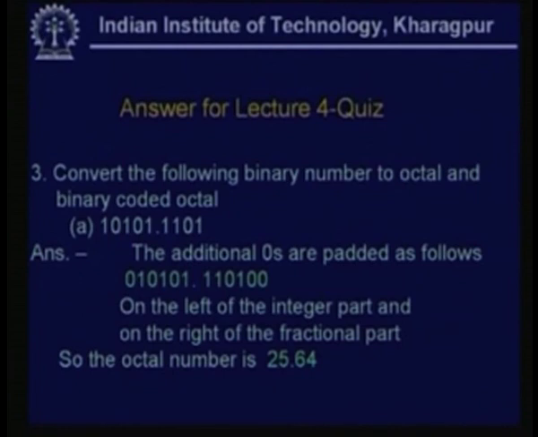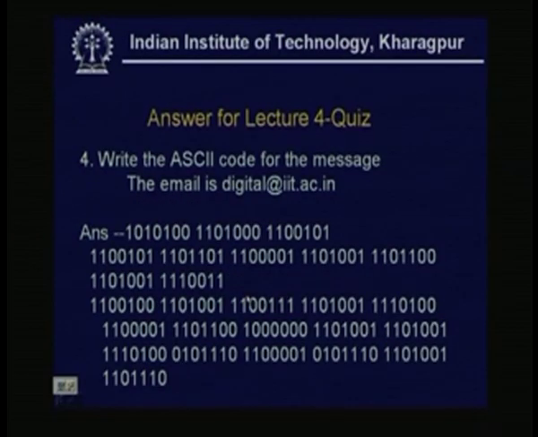Now, the fourth question was, write the ASCII code for the message: the email is digital at iit.ac.in. ASCII means that for every character there is some 7-bit number. It is a very simple thing; for each character I have converted it to 7-bit ASCII.